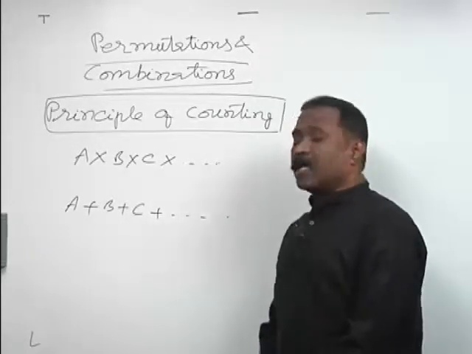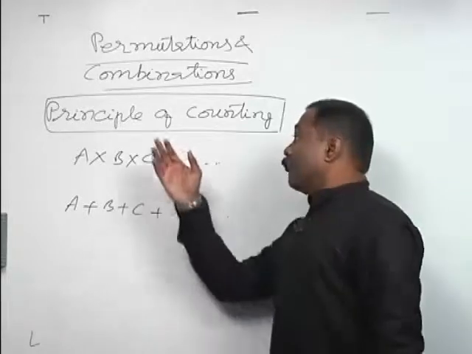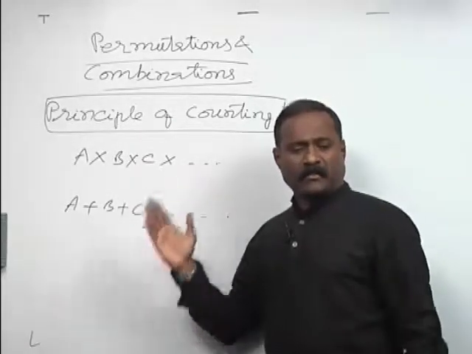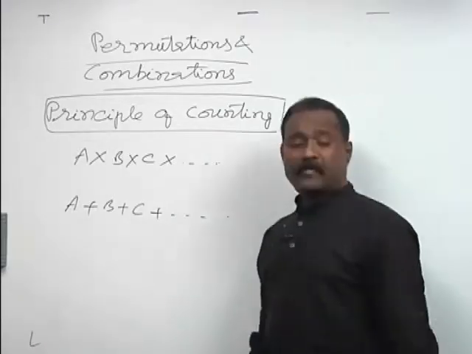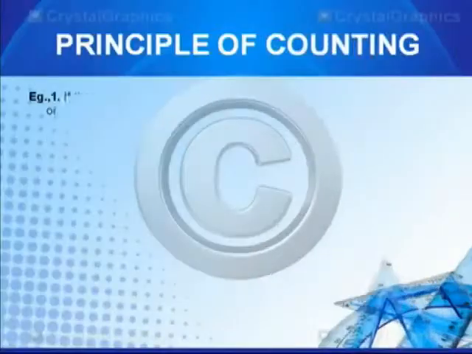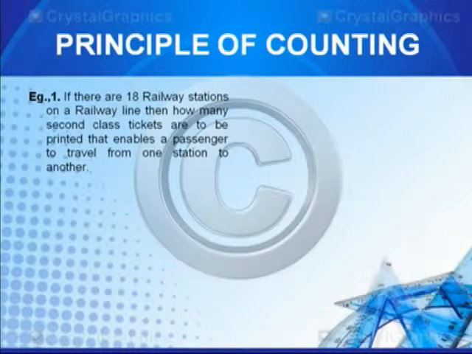So let us see an example to better understand the definition. If you see in the next slide, the principle of counting, example 1: if there are 18 railway stations on a railway line, then how many second class railway tickets are to be printed that enables a passenger to travel from one station to another?